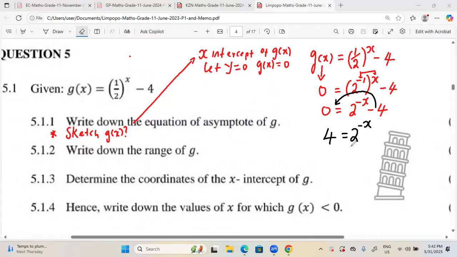When you are dealing with exponential equation, try by all means to have the same base. So the base on the right-hand side is 2. The base here is 2. So even on this left side, this 4, you want to write it as a base of 2. 4 is 2 to the exponent 2.